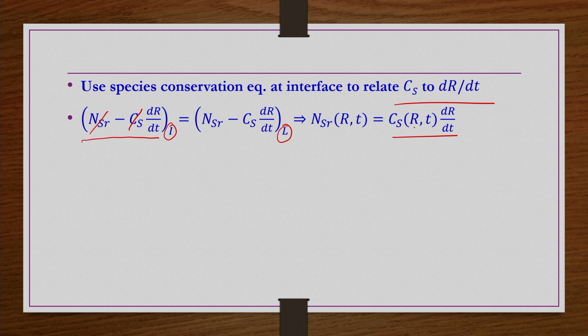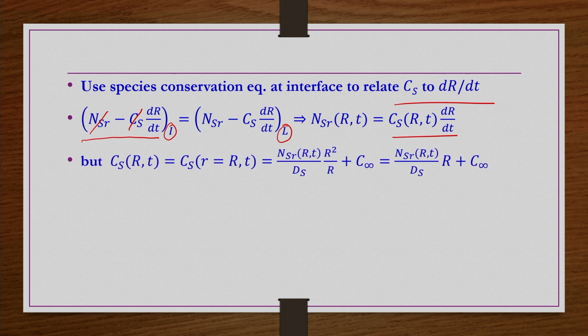Now, this Cs as a function of small r, t we know, but now here it is as a function of capital R comma t, that is what we have. So, the previous slide, what we got, Cs at small r comma t, we got it as NSR at capital R comma t divided by ds, and small r and capital R square by small r was there.